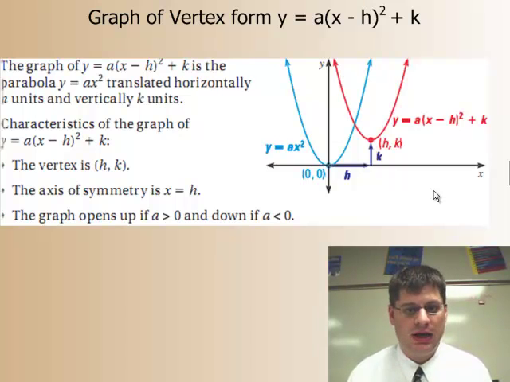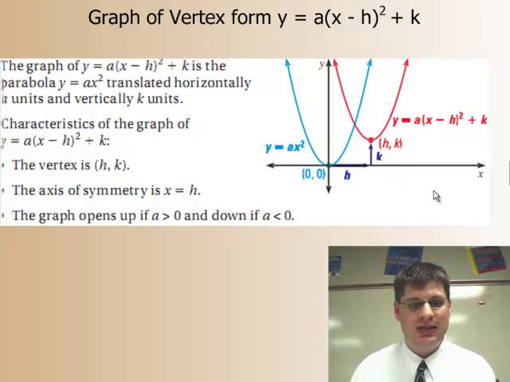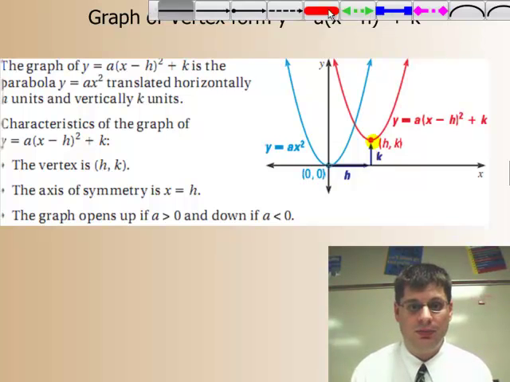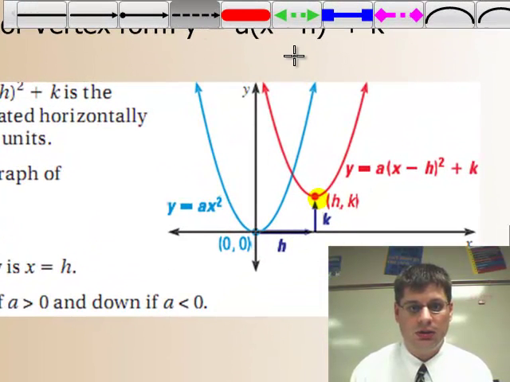One thing I want to point out here that we really haven't spoken about before is the axis of symmetry when it's in vertex form. Our axis of symmetry is going to go through the vertex of the parabola, and it would look rather like this.